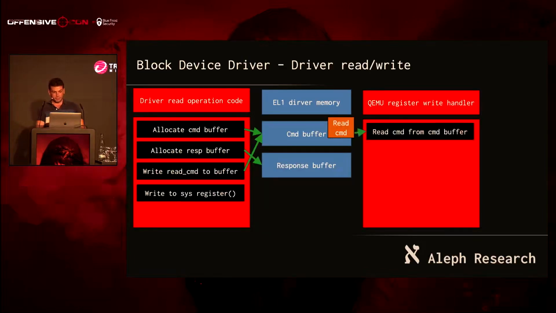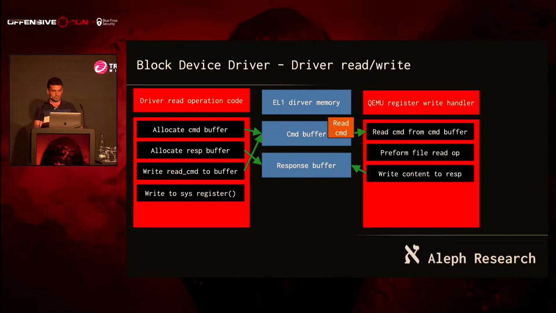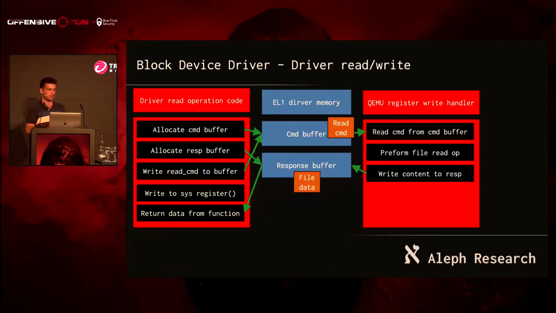And in it, we can just read directly from the command buffer. So we now read the read command. And we perform a read operation on the file that is backing the block device. And we write the response to the response buffer. So now the read virtual function of the block device can return this data and operate properly.